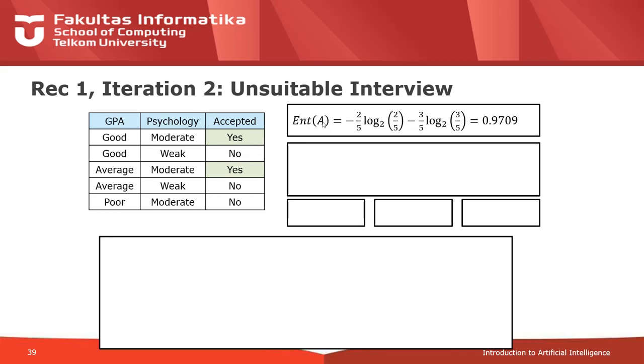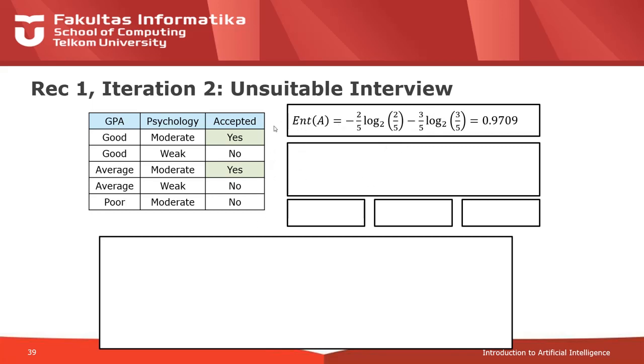So we calculate the entropy of A. So 2 divided by 5 is because we have 2 yeses divided by the number of rows, which is 5. And 3 divided by 5 here because we have 3 of the no, divided by the total rows.